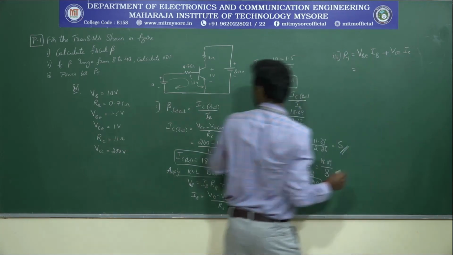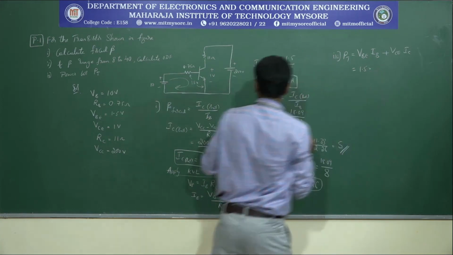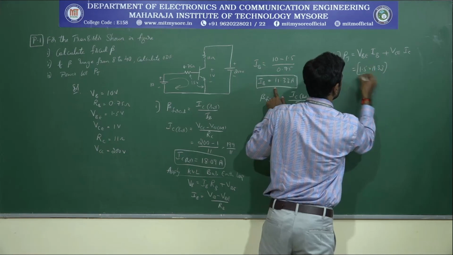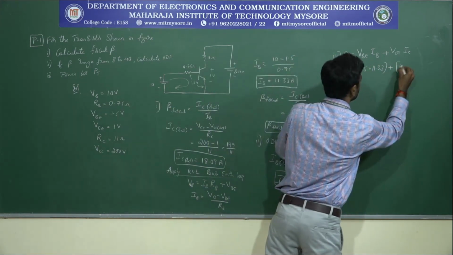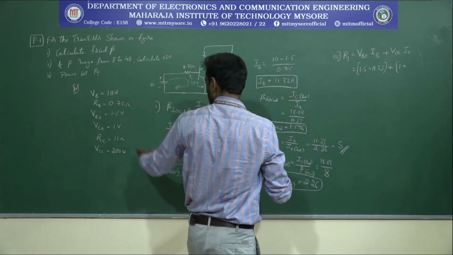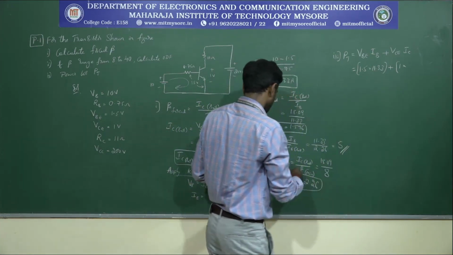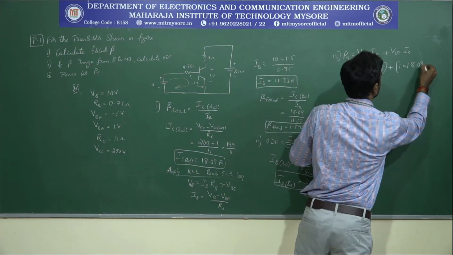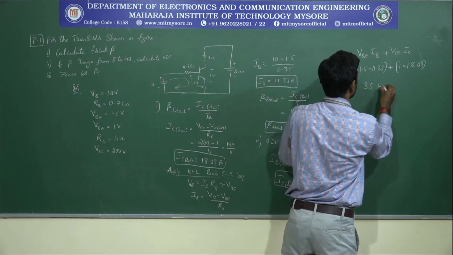So VBE is 1.5 into the base current, which is 11.33. This will be the one term. Again VCE is 1 volt into IC. For IC I should consider the IC saturation value only, which is 18.09. After solving this, I will get the total power loss as 35 watt.